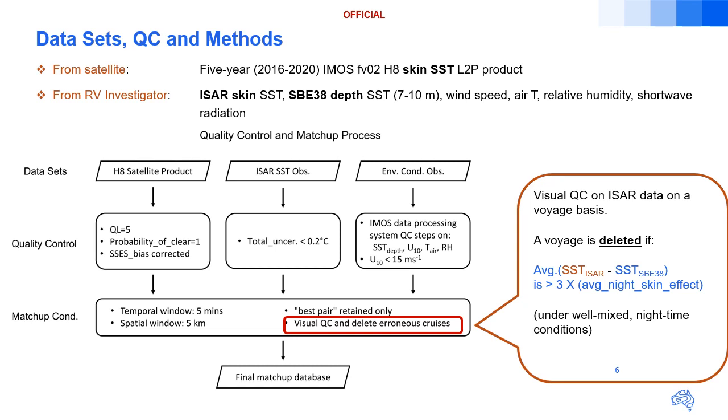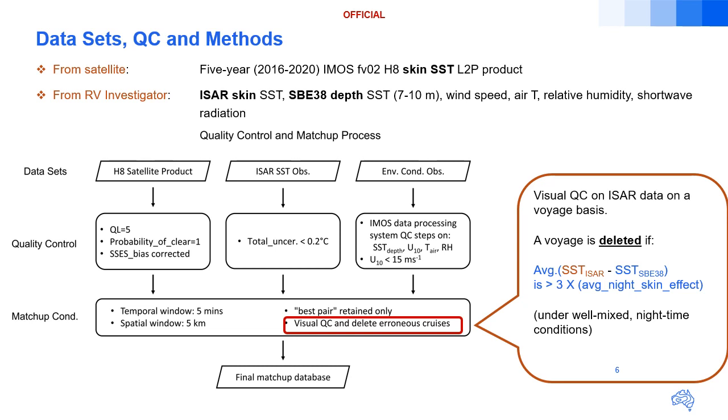Another SST dataset is the Seabird SBE38 depth SST, typically at 7 to 10 meters. This SST dataset is not directly used in the satellite validation, but it's only used to visually QC ISAR measurements. I'm going to come back to this very soon.